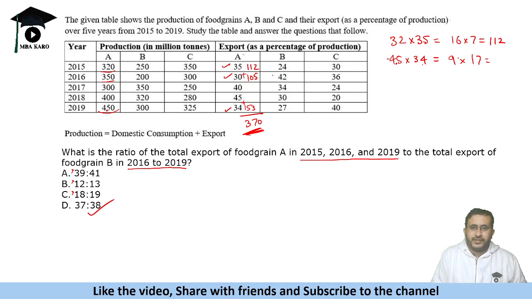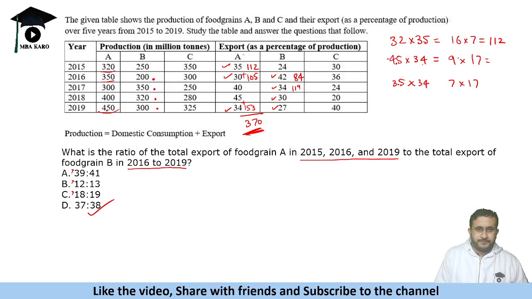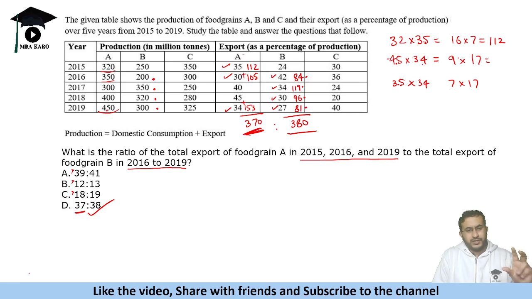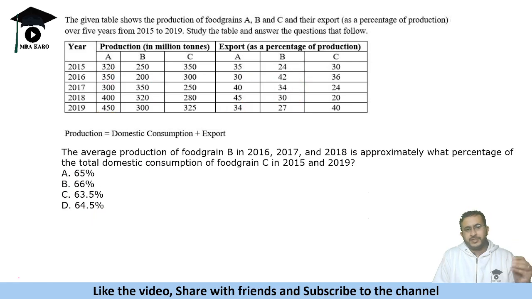So if you want to calculate the other one too, let's do it. 42 into 2 is 84. 35 into 34, we can take double of it and half of it, we get 119. 3 into 3 is 96 and 3 into 27 is 81. Adding this, we get 200 and 180, which is 380. So calculating only one value was required to answer this question. This is about some smart calculation techniques.